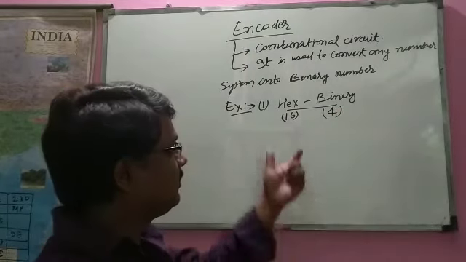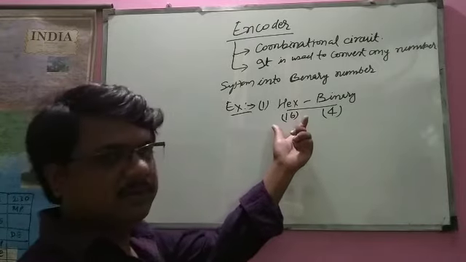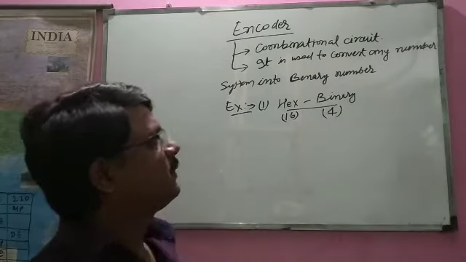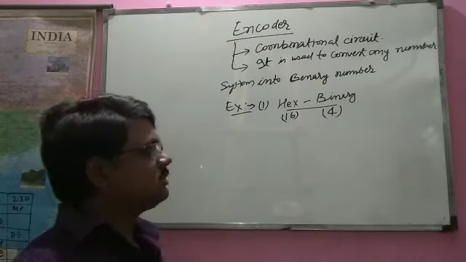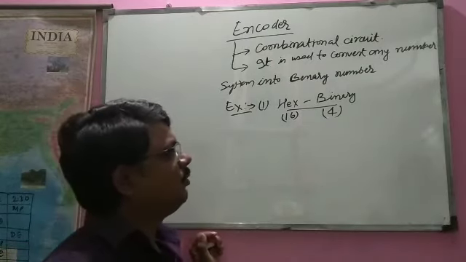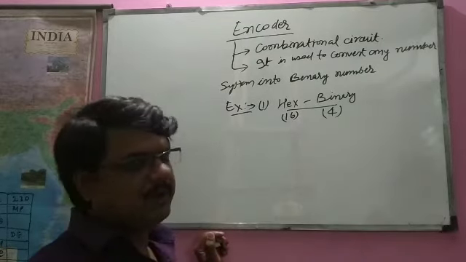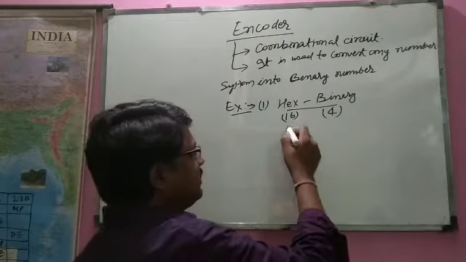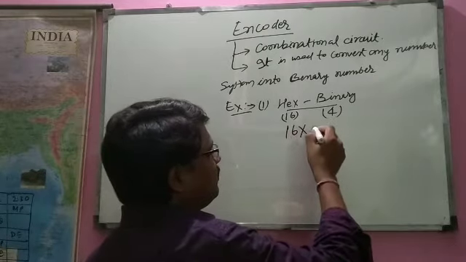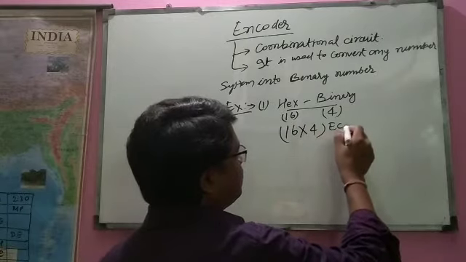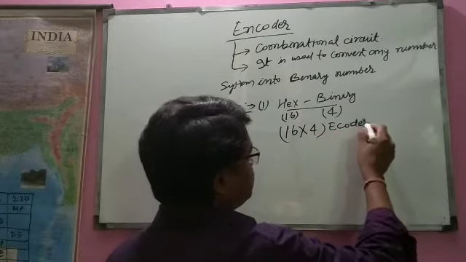Okay, there are 16 hex numbers in the input, and its binary will be represented by 4 bits. This is the reason that it is known as a 16:4 encoder.